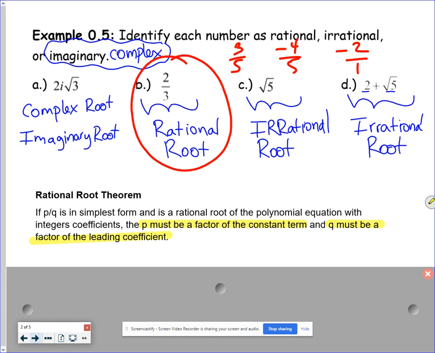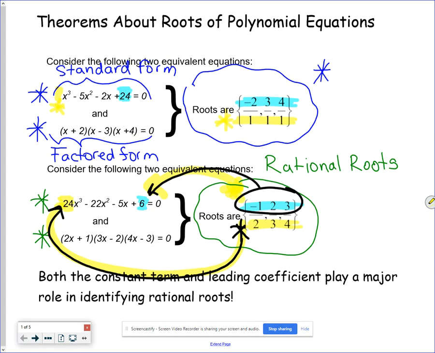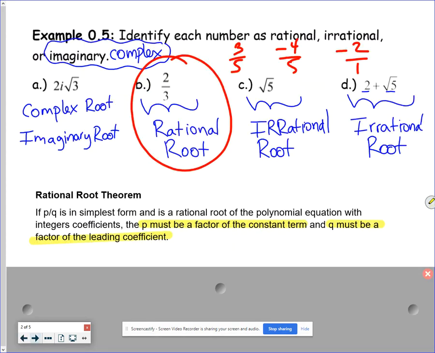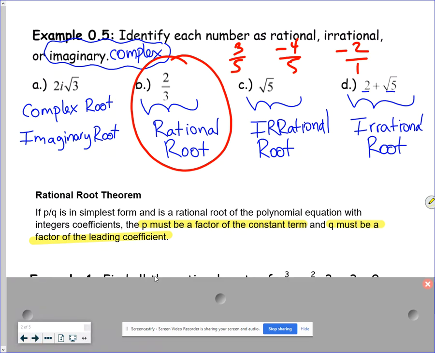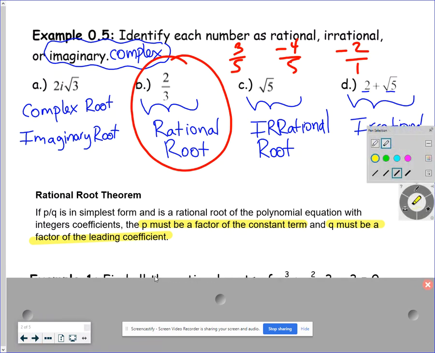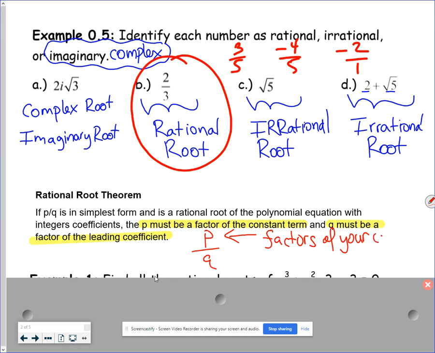Let's write that out. So if it's a rational root, it's going to be in this form here. We got P over Q. P are factors of your constant term.